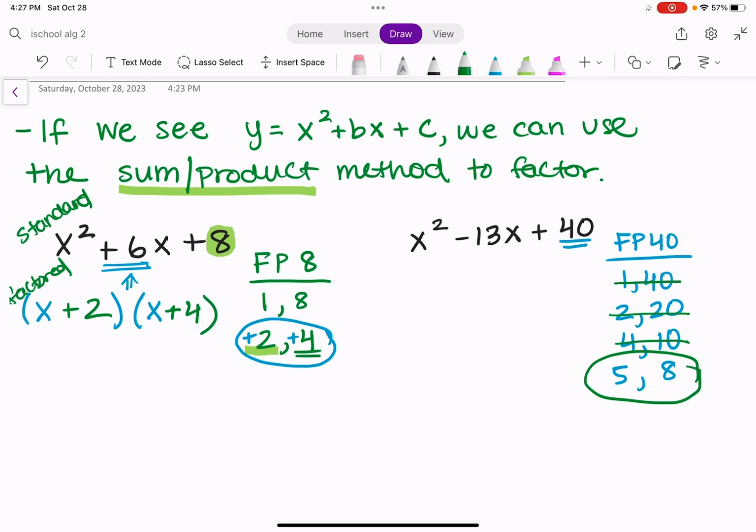But since we want negative 13, we're going to make both of them negative. Because negative 5 minus 8, if you do that in your calculator, is in fact going to give you negative 13.